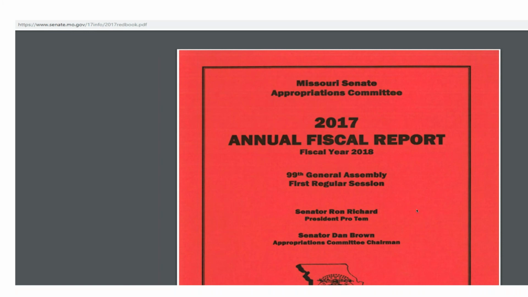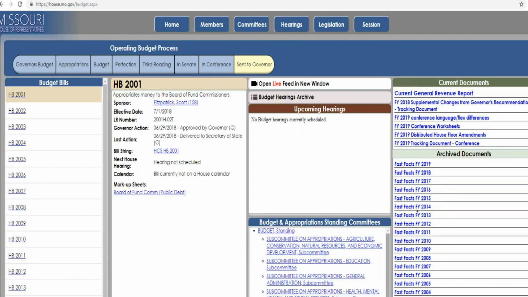It will have a lot of information regarding historical spending, where the spending is, a lot of similar information to the budget recommendations, but it's also a reference point to find out more about what's going on with specific programs and how they've been funded. This is for FY 2017 that comes out in FY 2018. The new Red Book has not come out yet, but we expect it at some point soon.